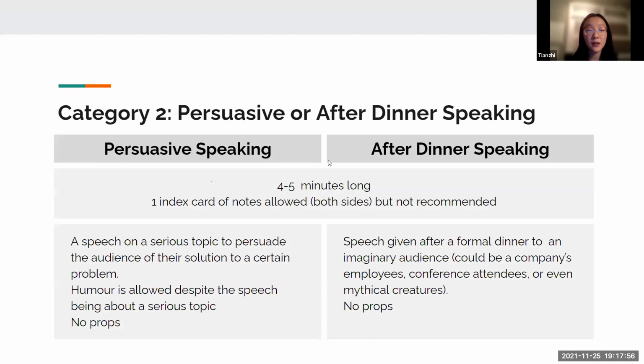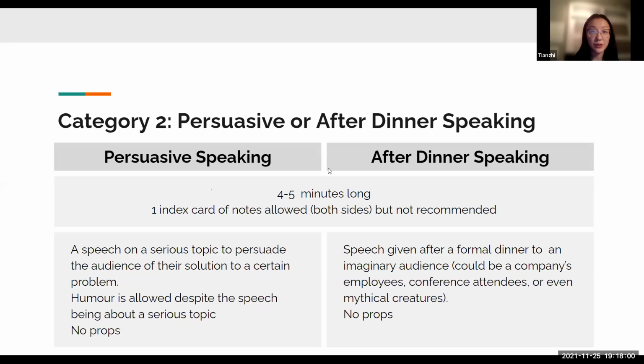Okay, next. Category 2 is happening on Zoom. So this is not in person, it's going to be online, on December the 12th. You can choose here either to do a persuasive speech, or you can do an after dinner speech. So persuasive speaking or after dinner speaking, you cannot do both.